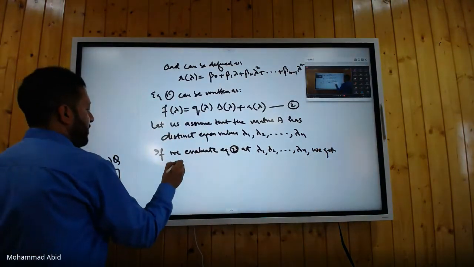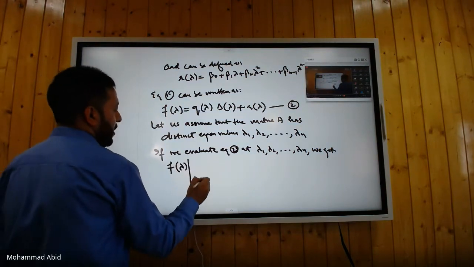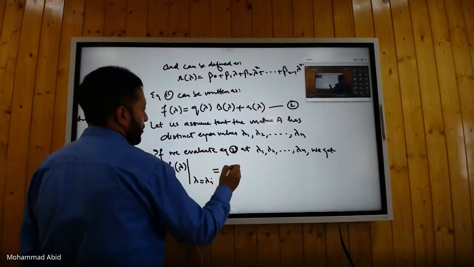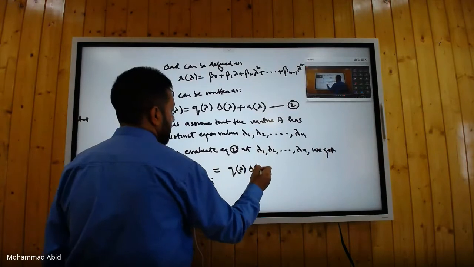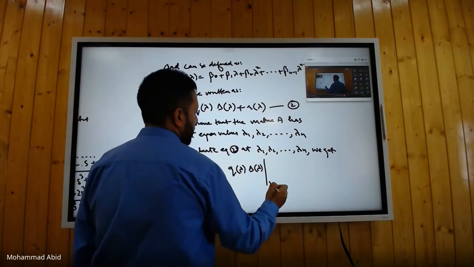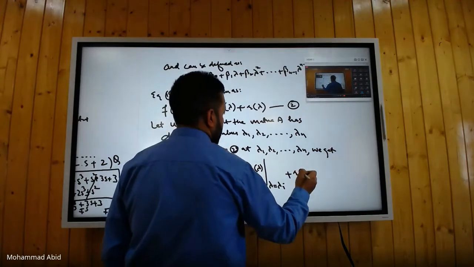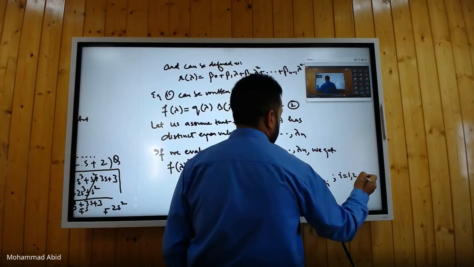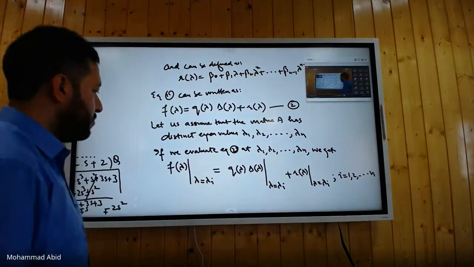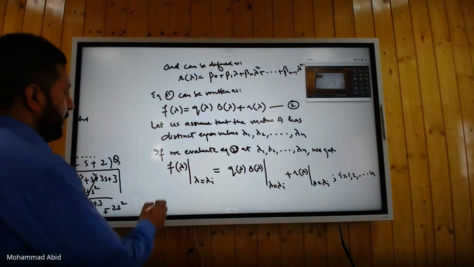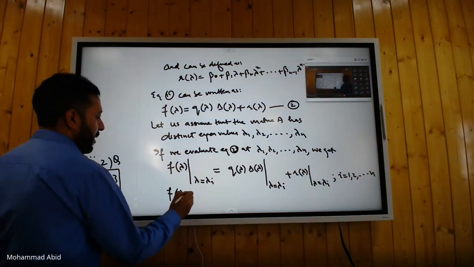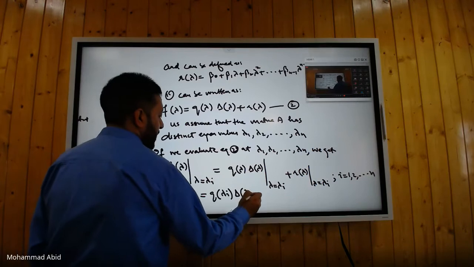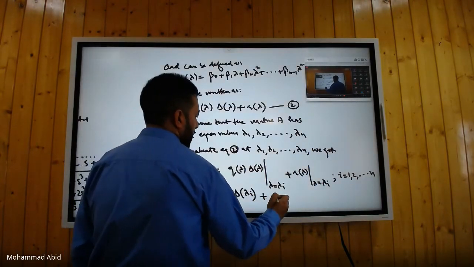If we evaluate f lambda at lambda equal to lambda i, where i runs from 1 to n, that will be equal to q lambda delta lambda evaluated at lambda equal to lambda i plus r lambda evaluated at lambda equal to lambda i, where i goes from 1 to n. Now please try to understand this. So this will be f of lambda i. This will be q lambda i delta lambda i plus r lambda i.